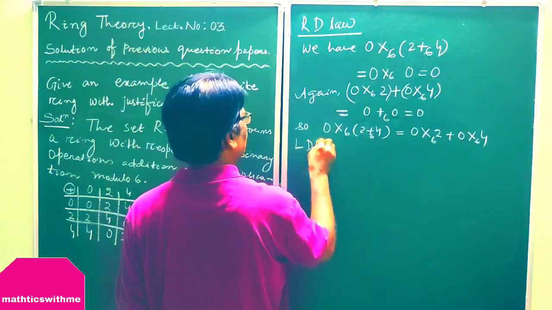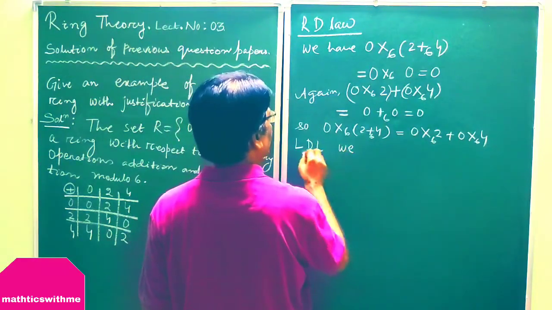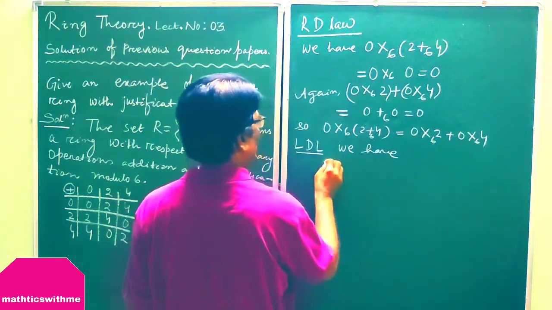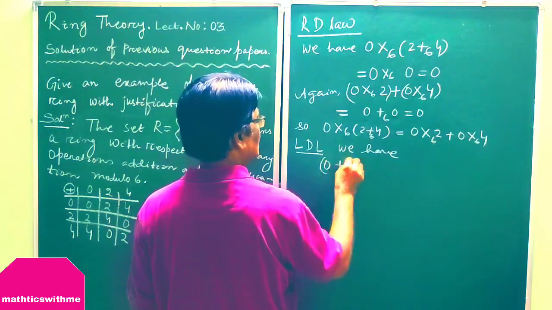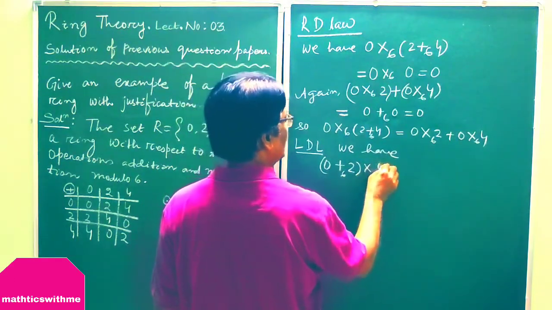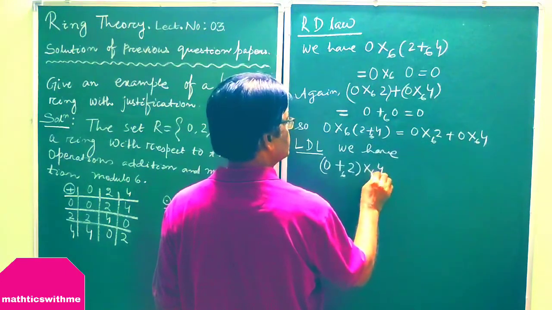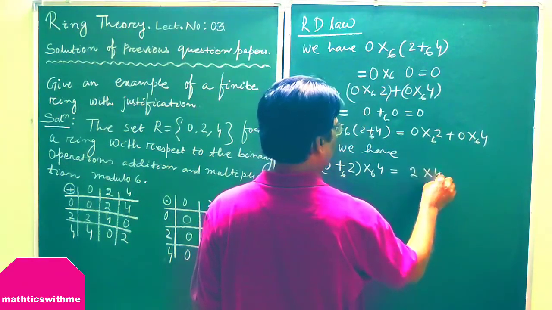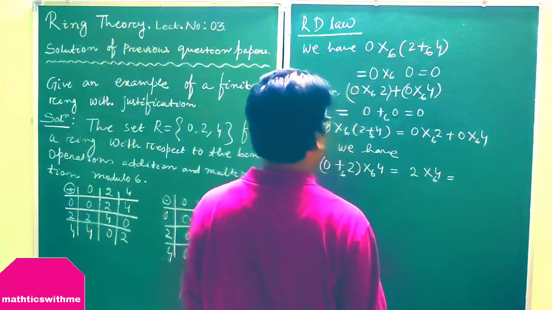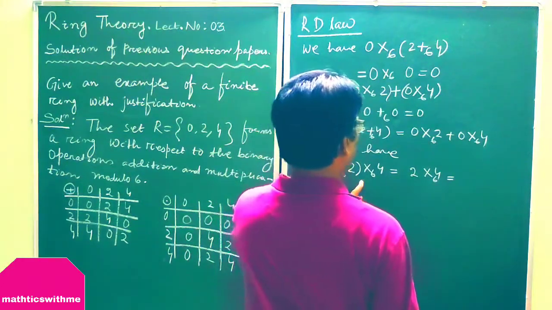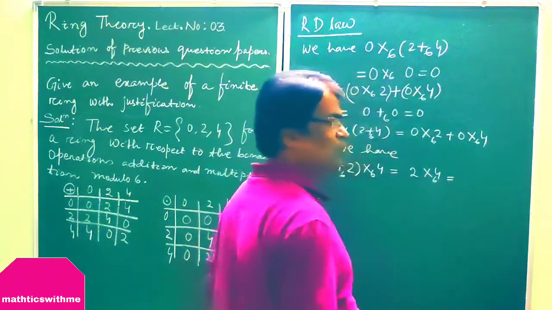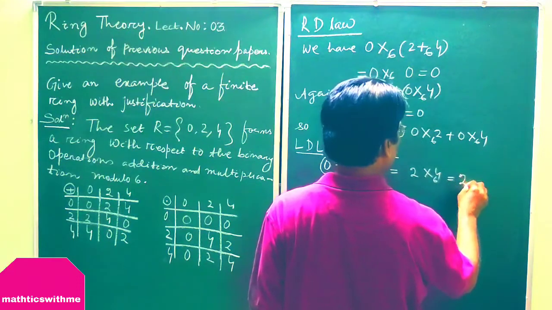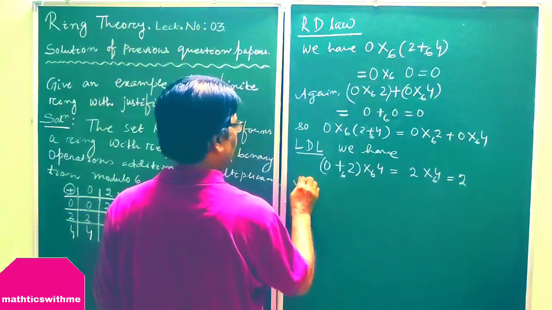Again, the left distributive law. We have 0 plus 2 into 4. This is equal to 2 into 4, which is equal to 2, because 2 into 4 is 8, so after division with 6, the remainder is 2.